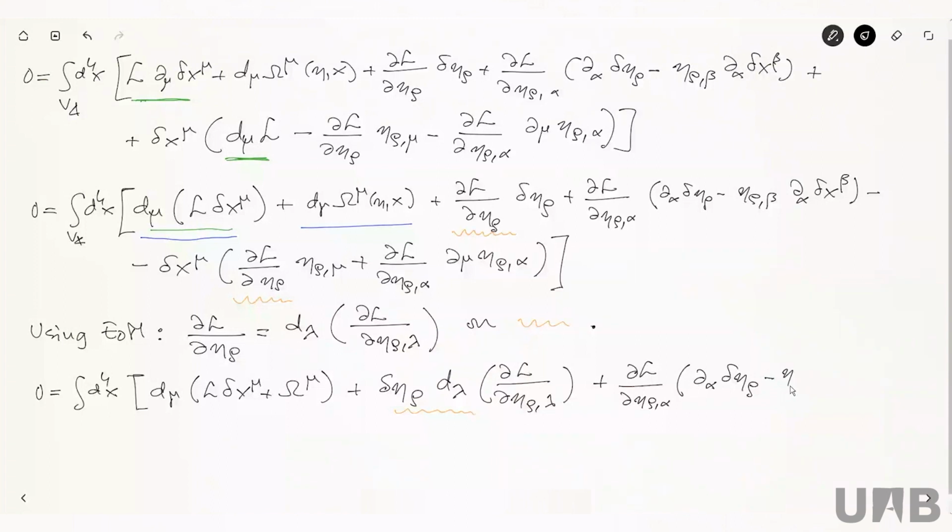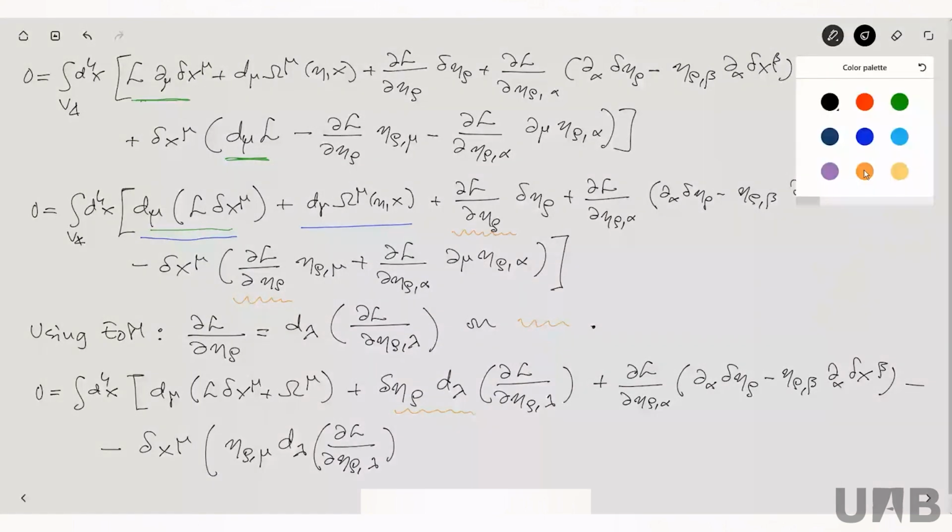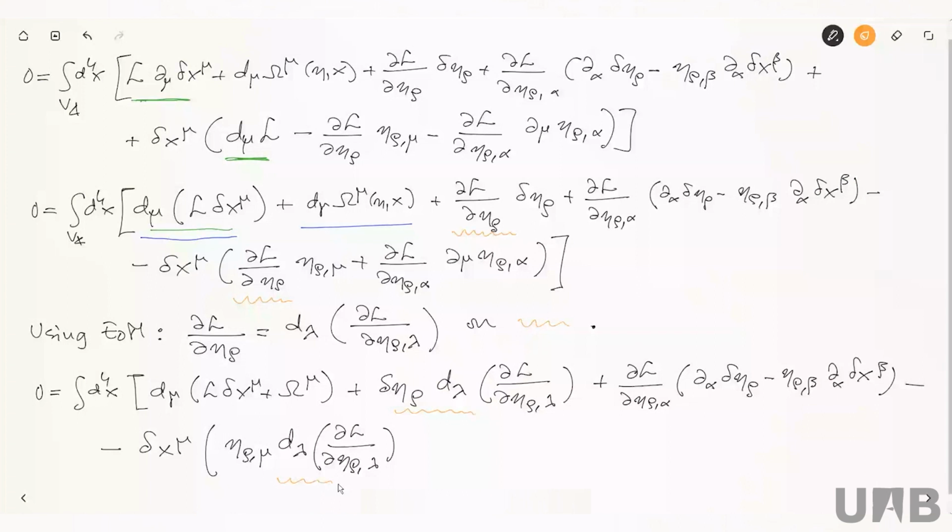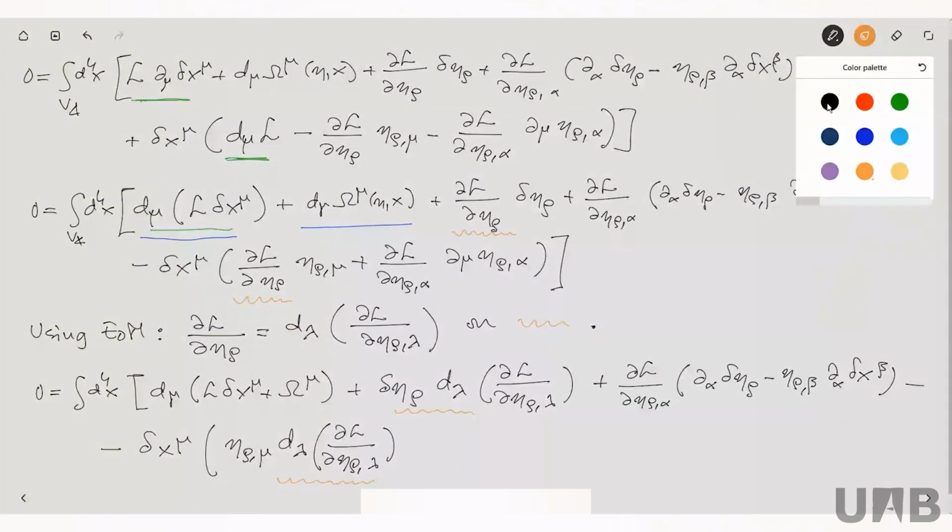Okay, minus eta rho comma beta derivative alpha delta x beta, okay, minus delta x mu times, and this is eta rho comma mu, derivative lambda of the derivative of L with respect to eta rho comma lambda. Okay, so this is the second guy that we transformed thanks to the equations of motion.